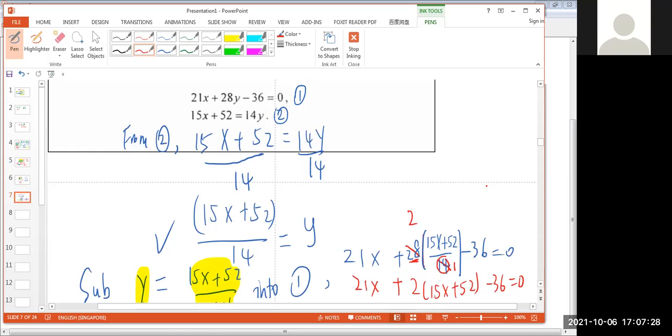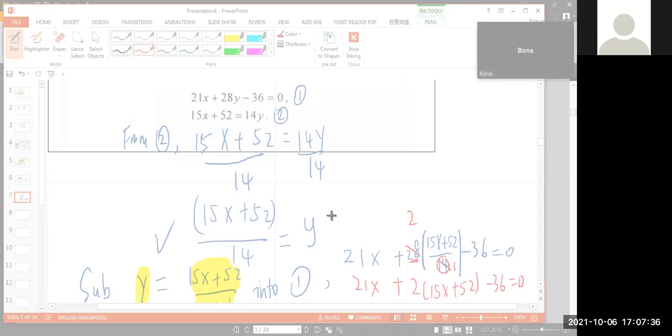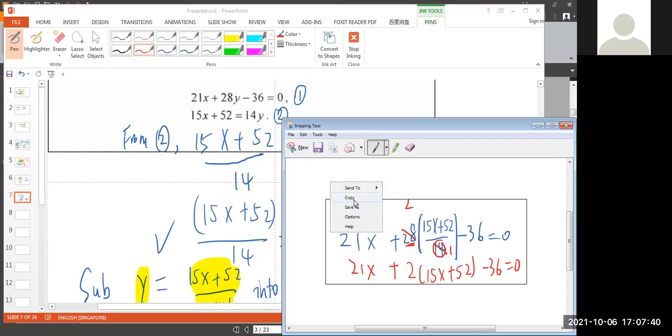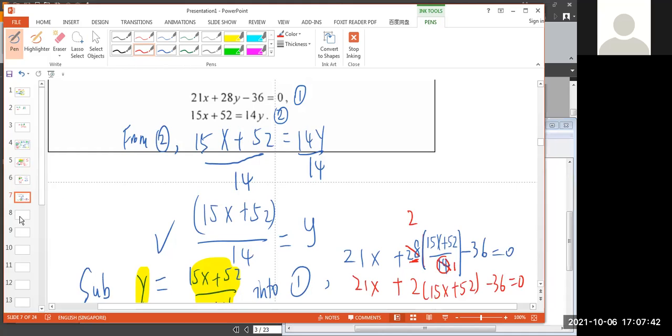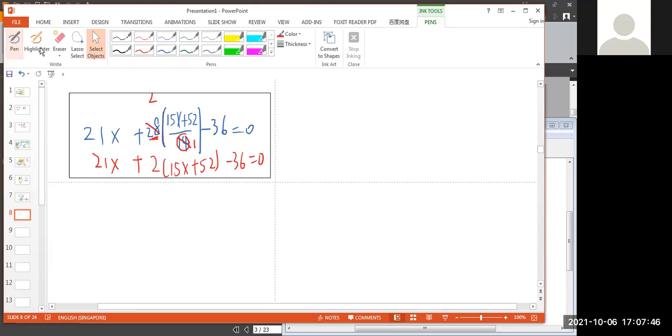Kind of. Okay, never mind. So I'm going to explain this further. Let me just crop this out so we can actually zoom into this part. Okay, so basically you were saying you have a problem with this part.